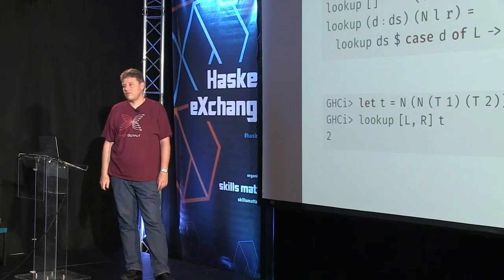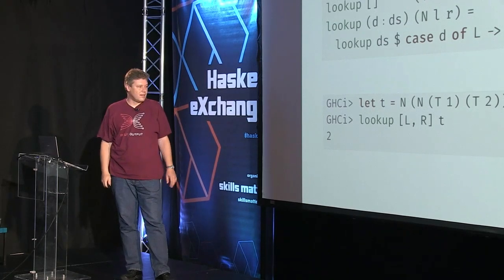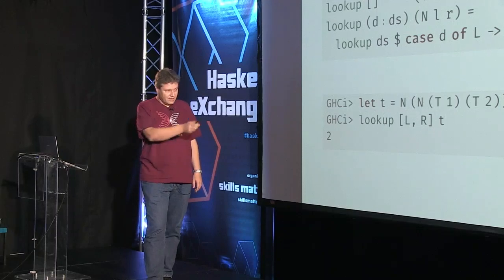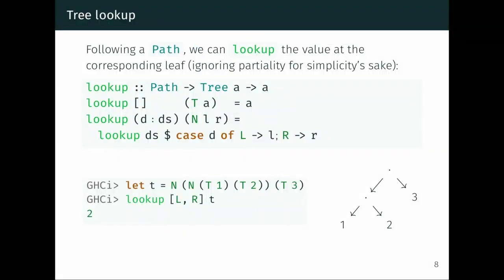If it's right, you recurse into the right subtree. So that's very standard, and therefore this example tree that's drawn there on the right-hand side, if you look up the path left-right, then you go left and right, and you get to the 2, and it reports the true. Okay, this has now nothing so far to do with provers and verifiers.